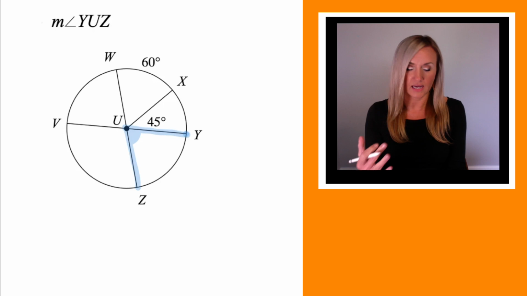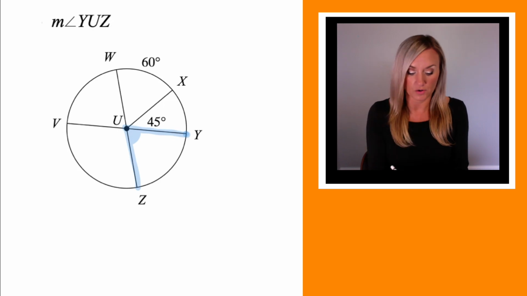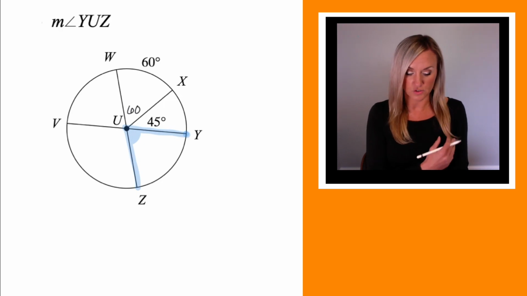So we need to take a step back and say, well, what do we have? We know that the intercepted arc and the central angle here are congruent, so we can put 60 down for that central angle.